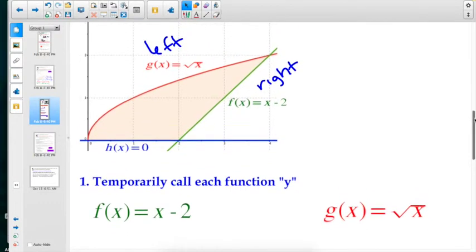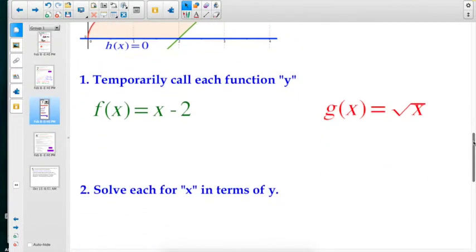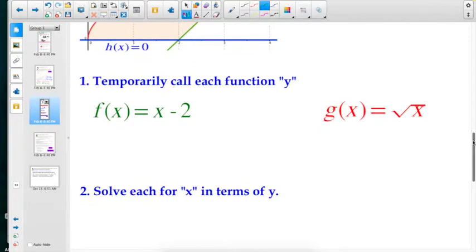So that means taking this and calling it y, okay, and then solving so that we are writing it in terms of y. So let's call this function y. Okay? In other words, I'm just going to write it like that. You know, that looks like a line, right? Slope-intercept form.